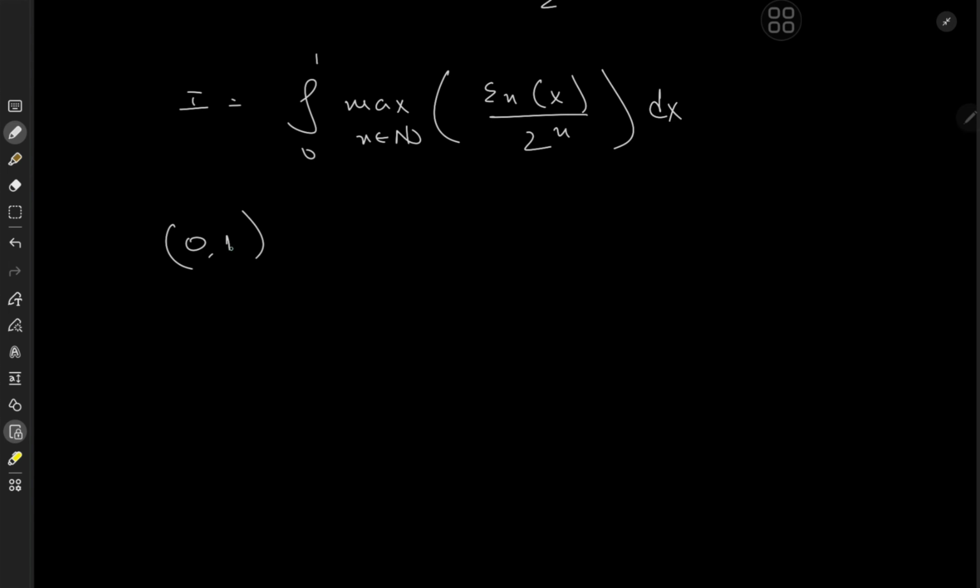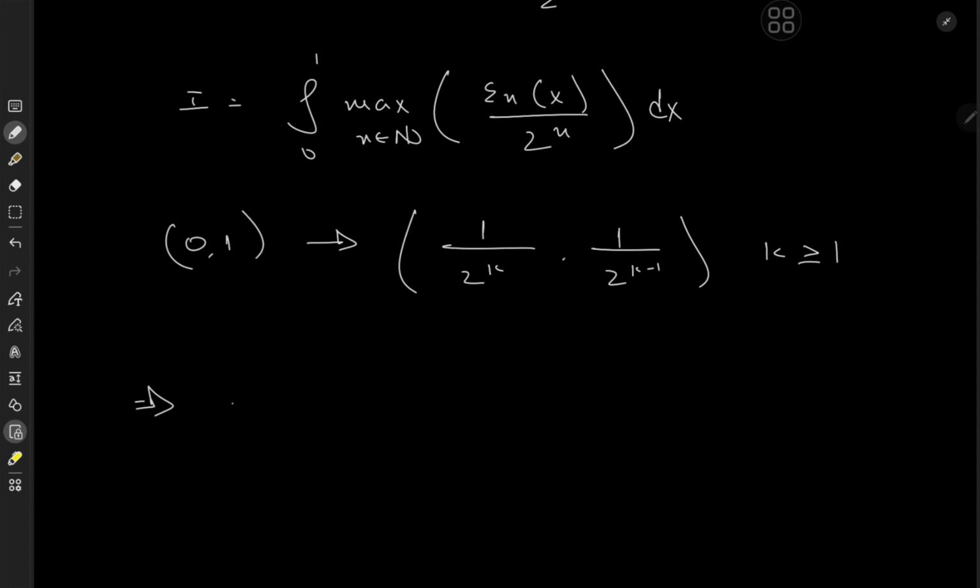or partition this interval from 0 to 1 into intervals of the form 1 over 2 to the k to 1 over 2 to the k minus 1, with k being greater than or equal to 1. So I'm introducing another index k, which I'm going to try and relate to n later. Why so? That will become clear very soon.